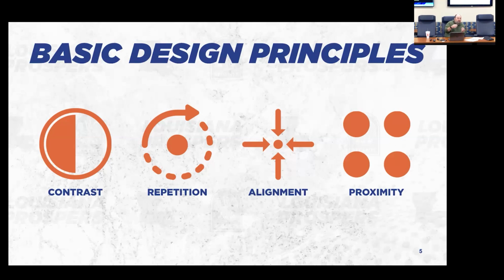So contrast, that deals with colors. You want to make sure that it's legible, that the colors aren't clashing. And this will be something in the stuff I share with staff again next week and throughout the months leading up to the federal guidelines that change in April. But we have to be cognizant of the shade of colors we use so that they meet or surpass the ADA standards.